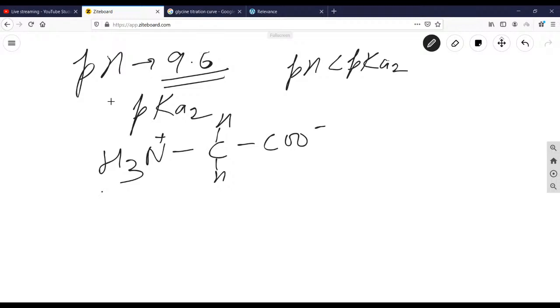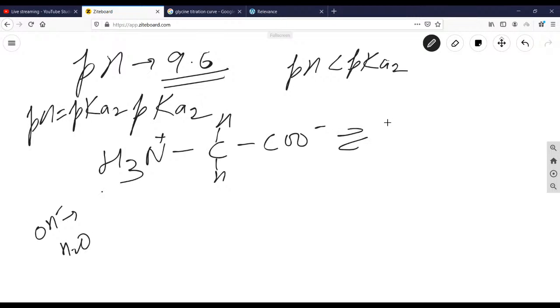But when you have pH equal to pKa2, you have H plus ions but not that much. Some of the H plus ions will leave this and will protonate OH minus ions to make H2O. So we will have equal concentration of this thing.